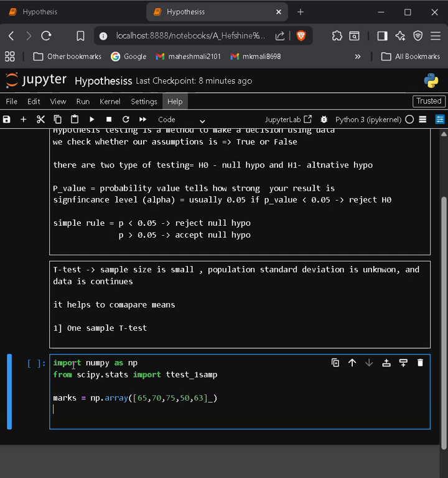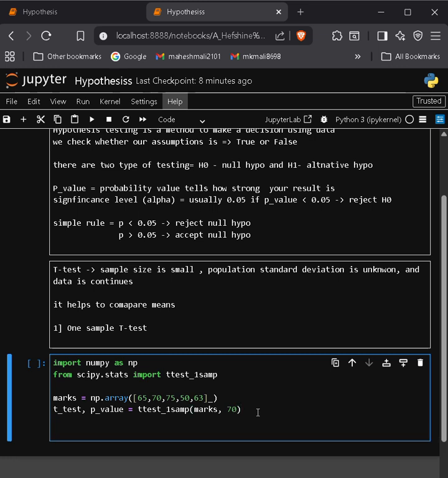Now t-value is equal to ttest_1samp, and in that we mention marks and the assumed value 70. This is the mean we assume, the actual sample data, and this is the assumed value of 70.